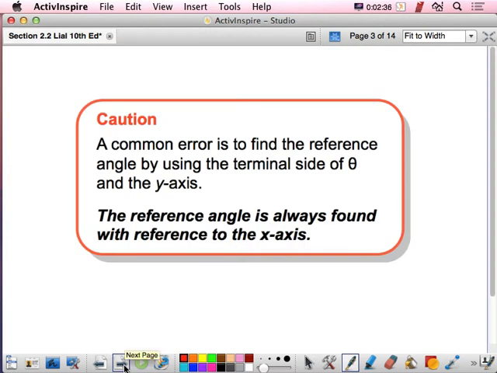All right, here's a really common error. I see this all the time. A lot of people find the reference angle by using the terminal side of theta and the y-axis. You can't do that. You want the amount trapped between the x-axis and the ray you're trying to get to. That's going to be your reference angle. You're always in reference to the x-axis, and that's true for all of trig.